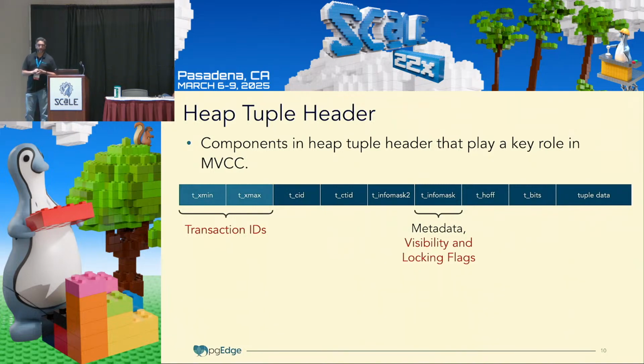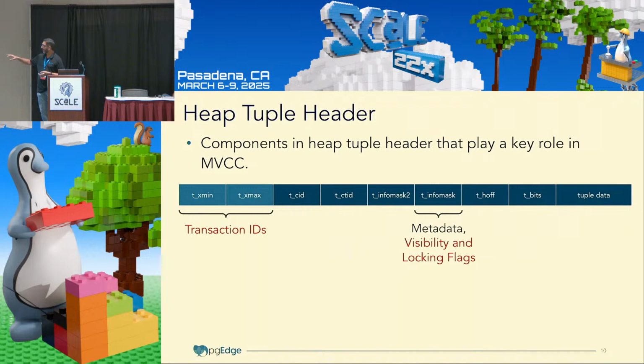Xmax does not always refer to a valid transaction ID. A transaction that has updated this tuple and aborted might leave a valid xmax for this tuple, but it's going to mention some of that detail in the info mask, where it's going to mention the visibility, whether the xmax is valid or not, which then defines the visibility of this tuple.